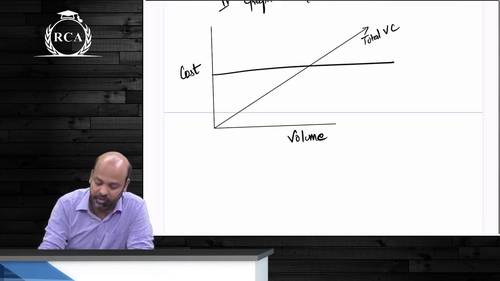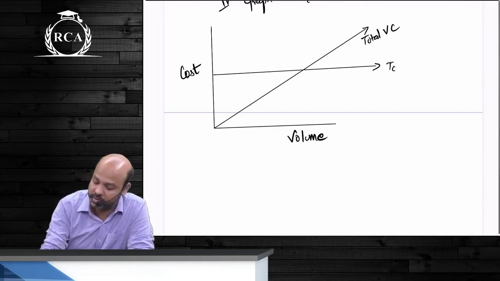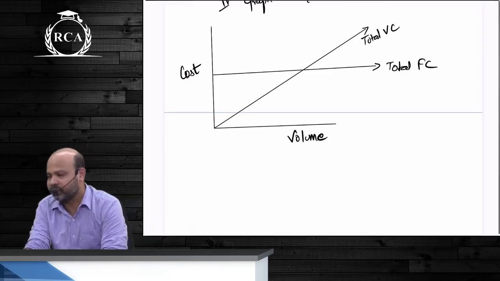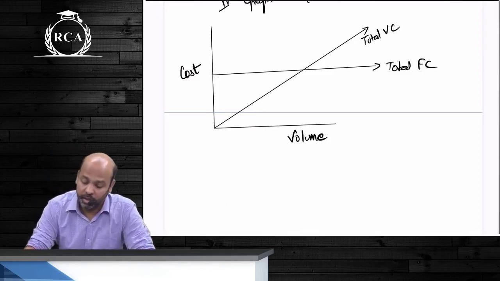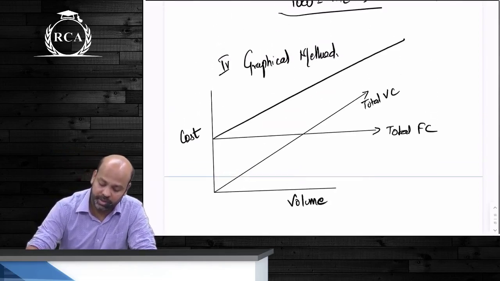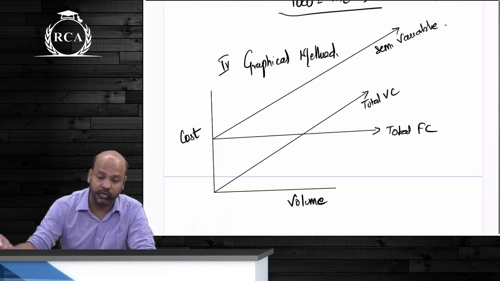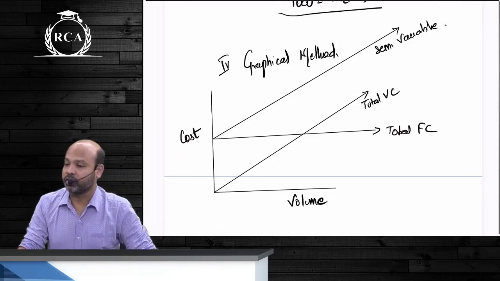Your total fixed cost will be a straight line like this. Your total fixed cost as such, beta, is not supposed to change. Are we clear? Semi-variable cost will be something like this. It will not start from the origin, because there is also a fixed cost component.